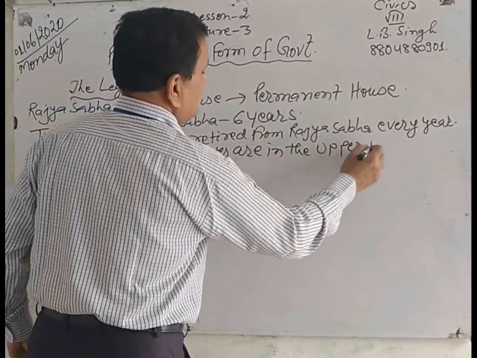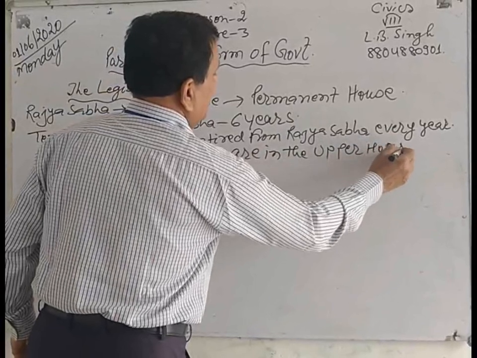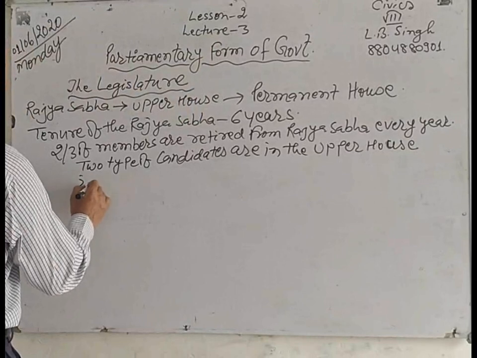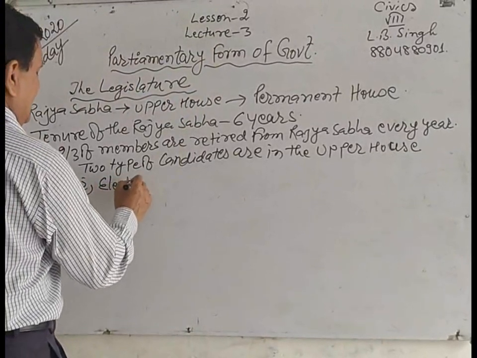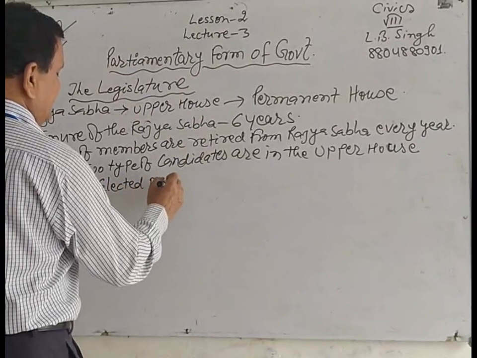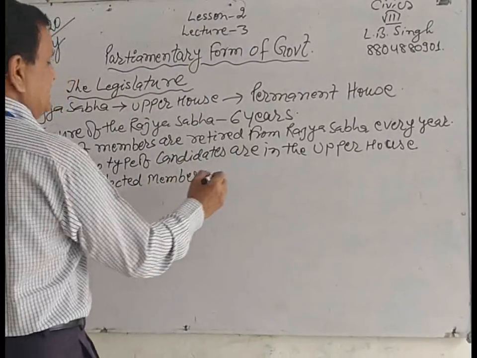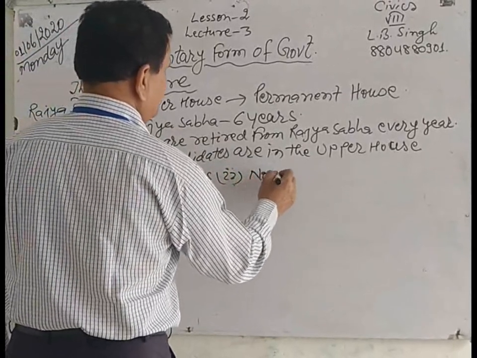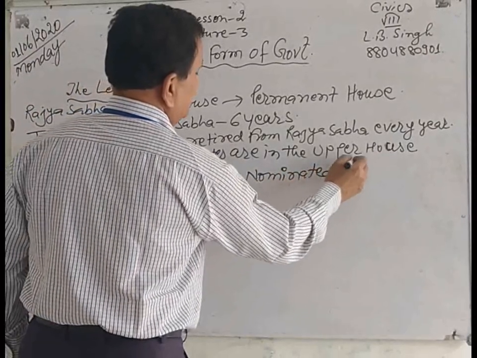Upper house I have told you, इसको राज्यसभा भी कहते हैं और परमानेंट हाउस भी कहते हैं. The first one is that elected members, and the second one is that nominated person.